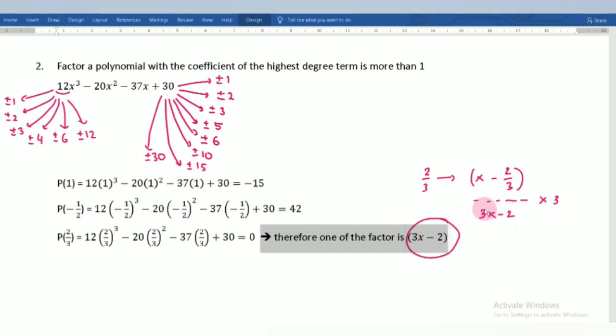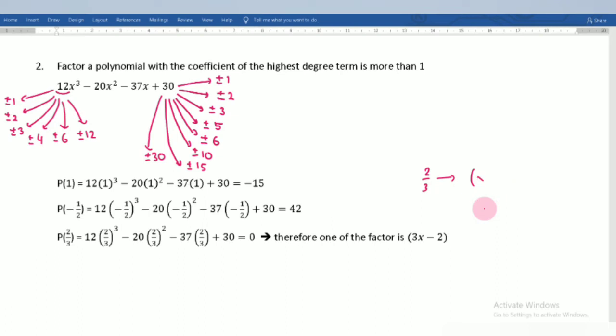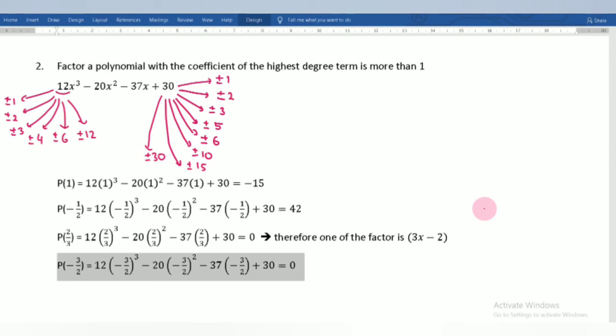Okay, so let's continue to the next one. After you use trial and error, or maybe you are using your luck, you can find out that the next zero that we have is -3/2, which comes from +3 divided by -2, or -3 divided by +2, because when I put it into this polynomial, it will be 0.